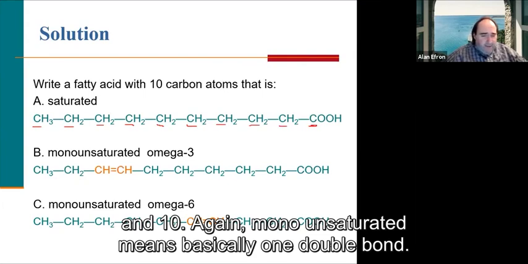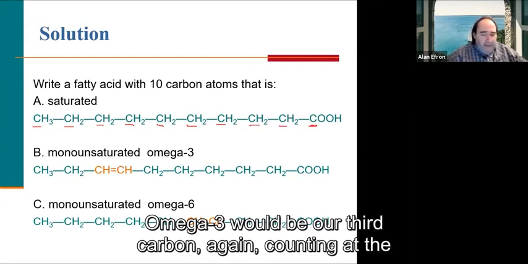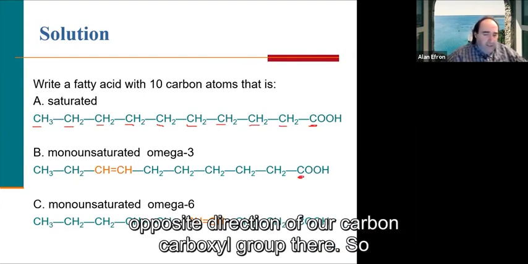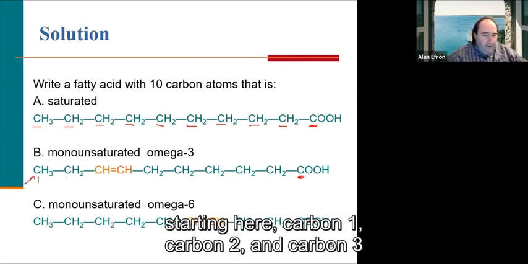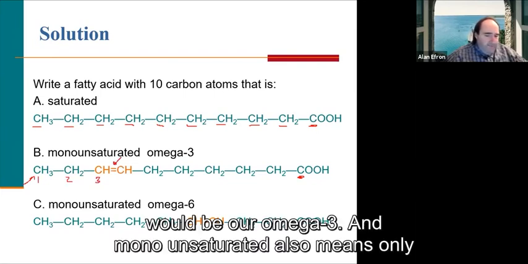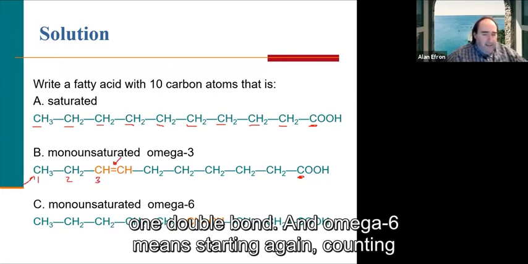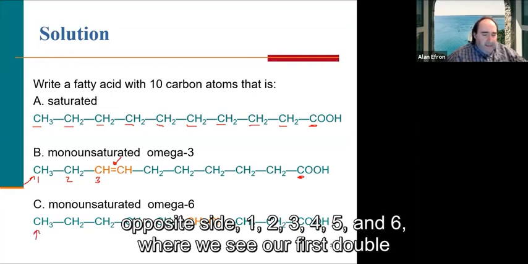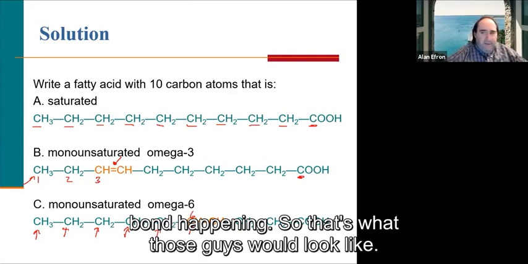Again, monounsaturated means basically one double bond. Omega-3 would be our third carbon, again counting from the opposite direction of our carboxyl group. So starting here, carbon 1, carbon 2, and carbon 3 would be our omega-3. And monounsaturated also means only one double bond. And omega-6 means starting again, counting from the opposite side, 1, 2, 3, 4, 5, and 6, where we see our first double bond happening.